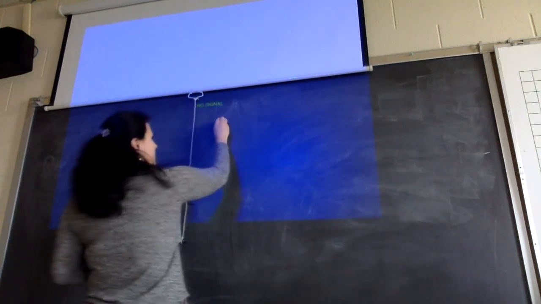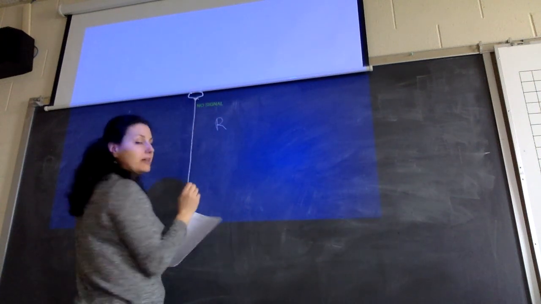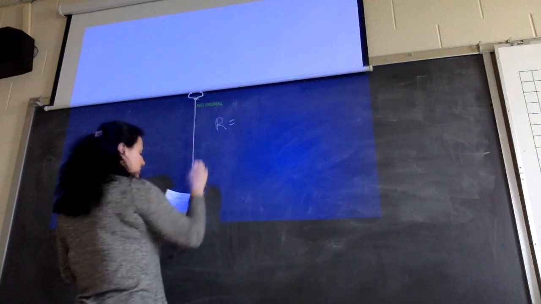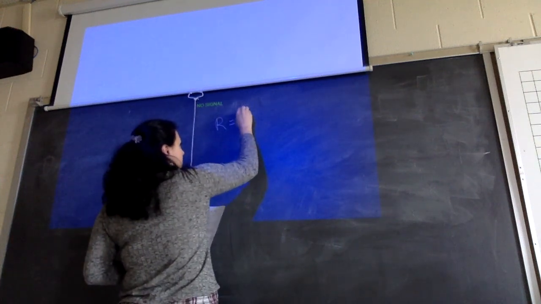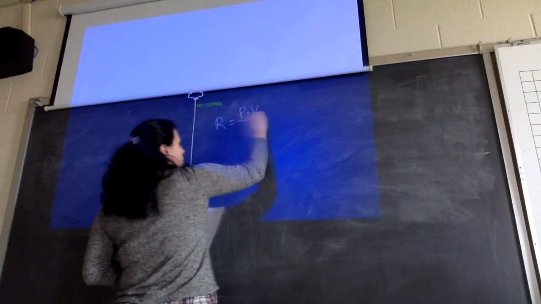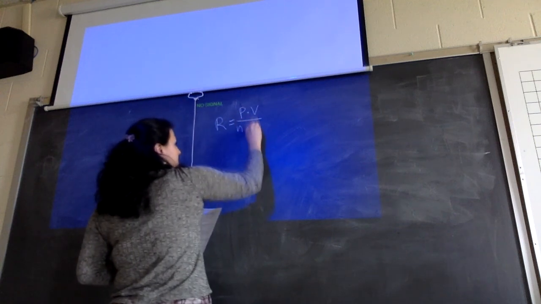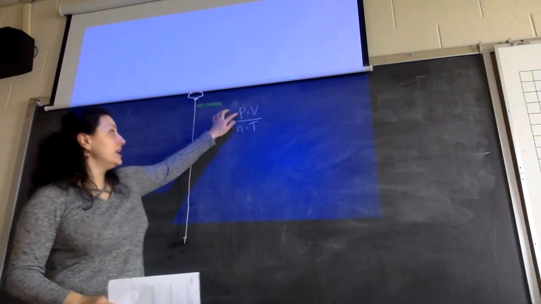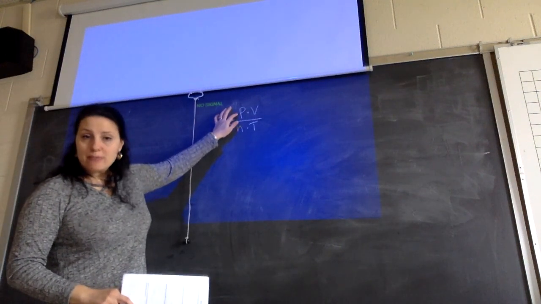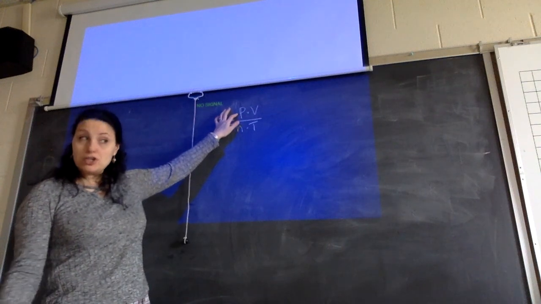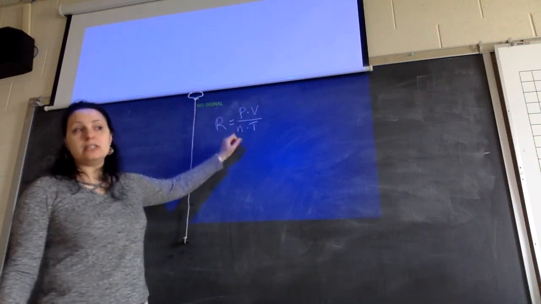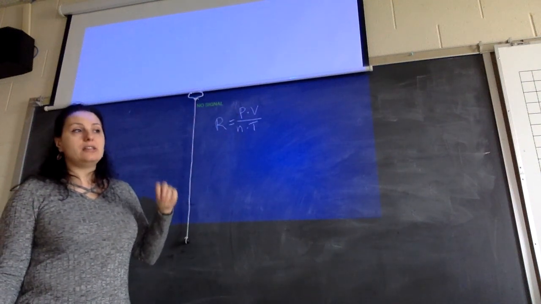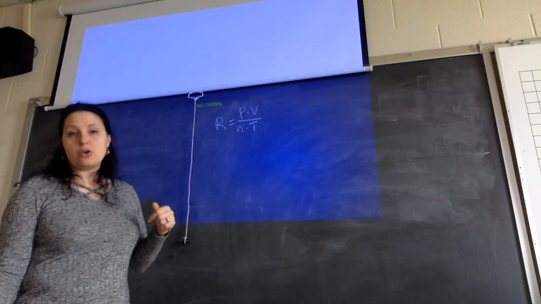Okay, what do I know? That R, the ideal gas constant, is equal to P times V over N times T. Instead of using the pressure in atmosphere, I need to use the pressure in torr, because it asks me to calculate the ideal gas constant if the pressure is measured in torr.